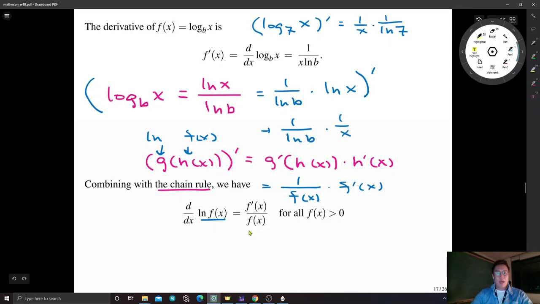And to justify this formula, remember, the natural logarithm is defined on positive values. So this formula is applicable to positive functions. f of x must be positive. If f of x is negative, this ln function is undefined.